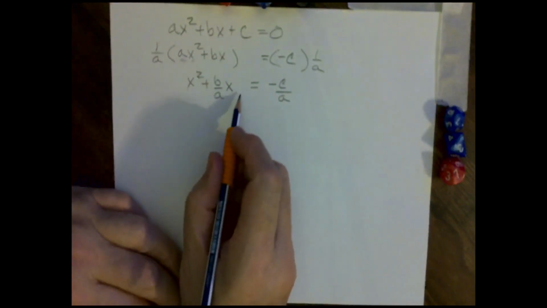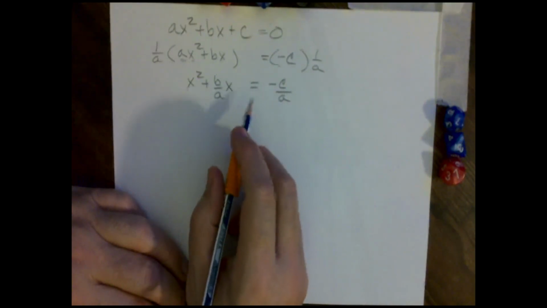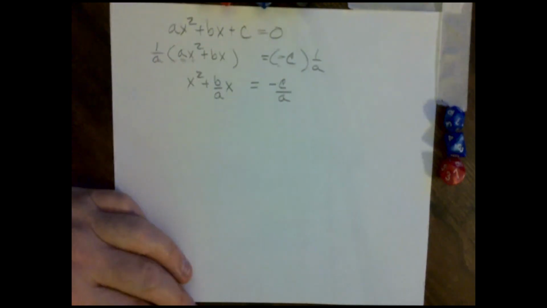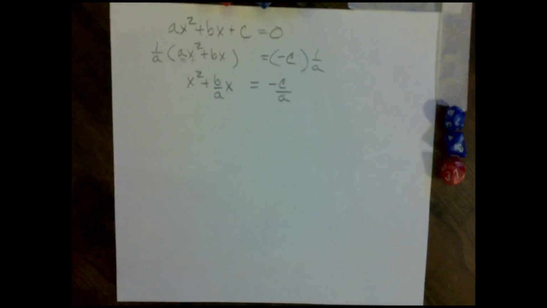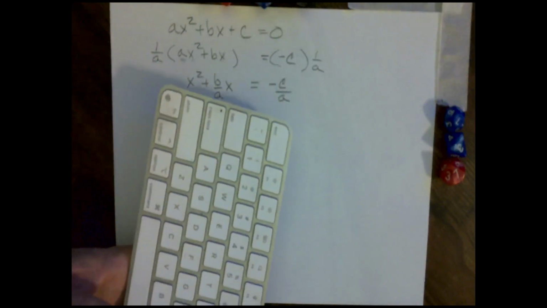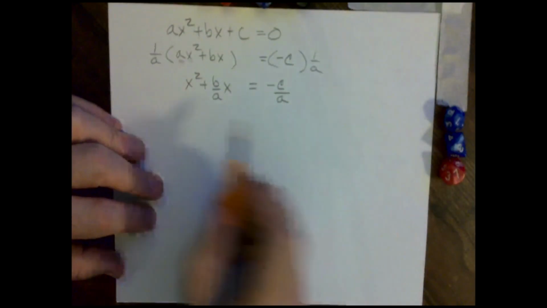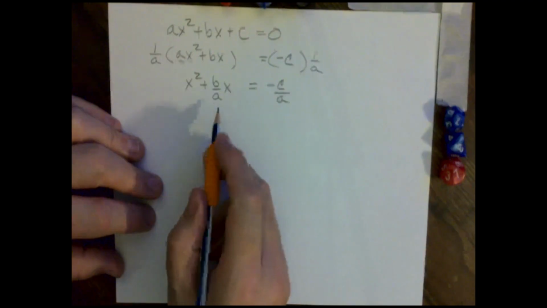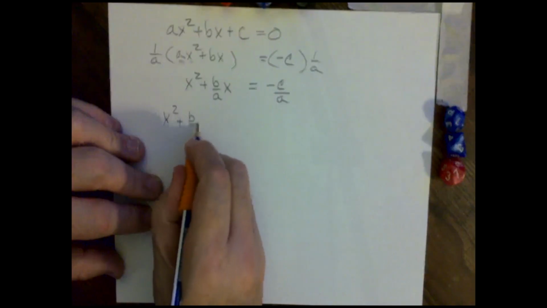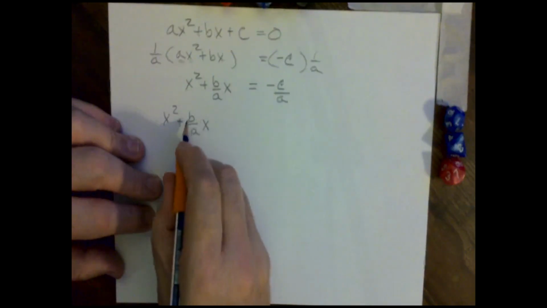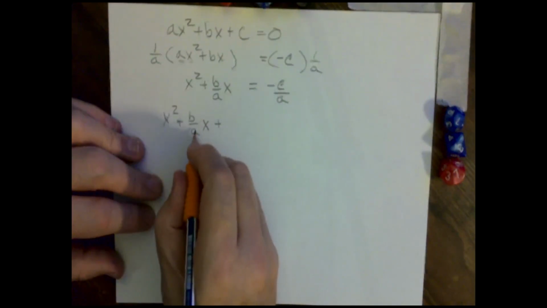Now what we want to do is add 0. So now we want to halve this coefficient and square it. So x squared plus b over a x, half of this coefficient, squared.